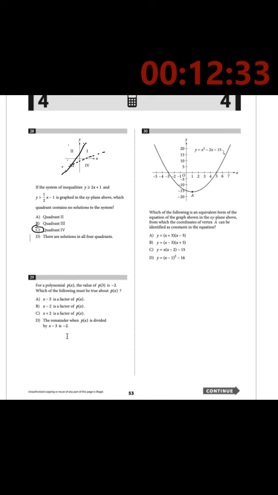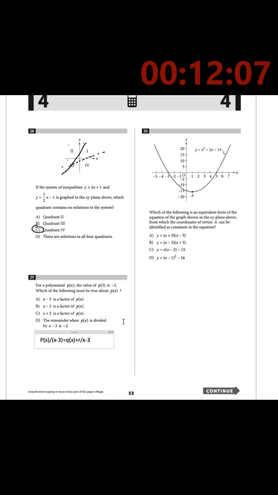Okay. So if polynomial p(x) is divided by x minus 3, we could have p(x) divided by (x minus 3) equals q(x) plus r over (x minus 3), where q(x) is a polynomial and r is a remainder.